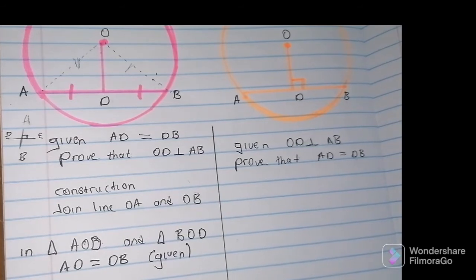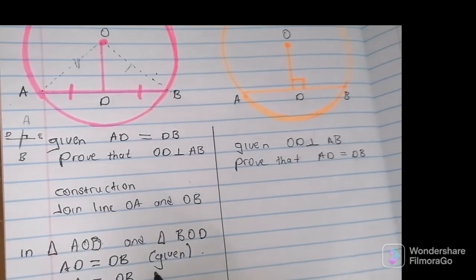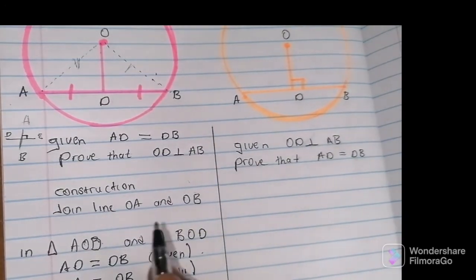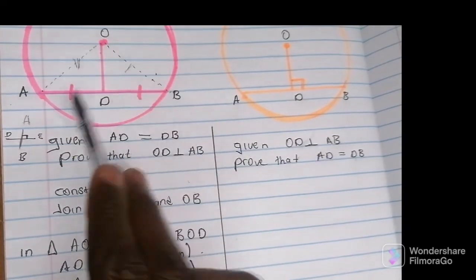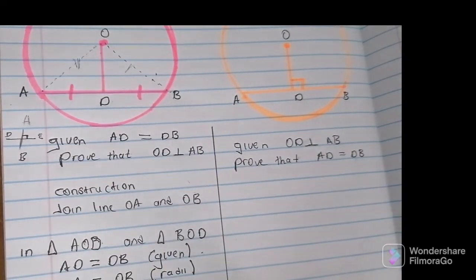We only need to prove three things, and we already have one. So let's continue. What else? OA is equal to OB, the radii. The reason is that both of them are drawn from the center to the circumference, meaning that they are equal.